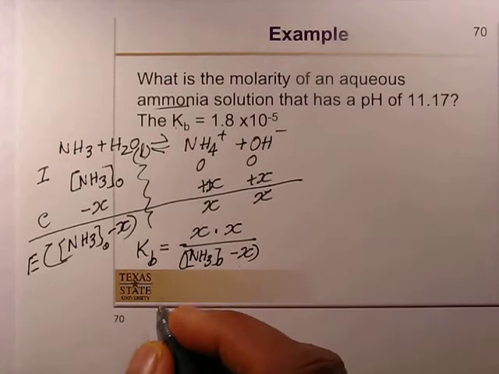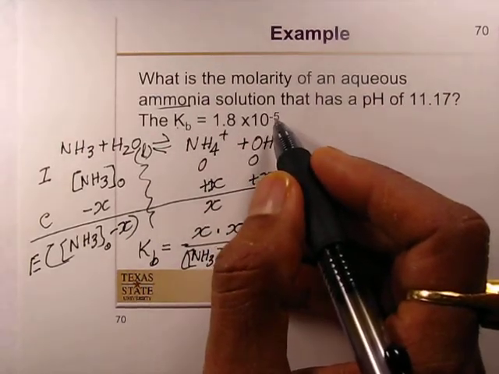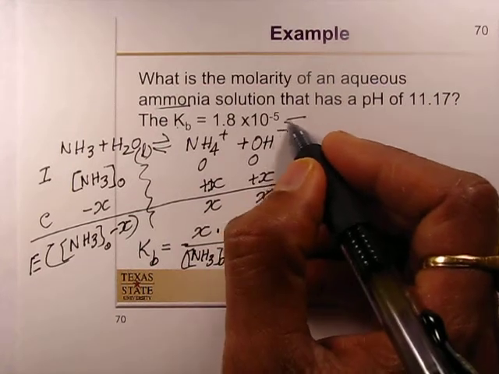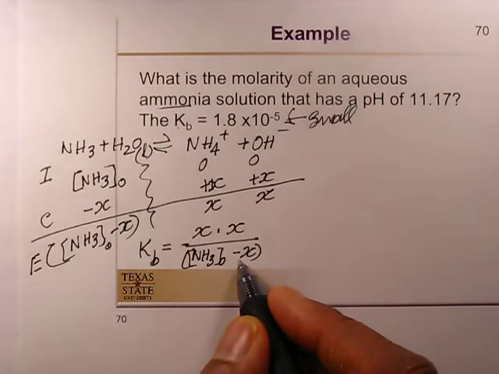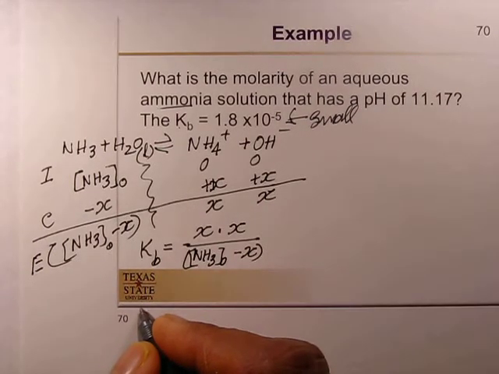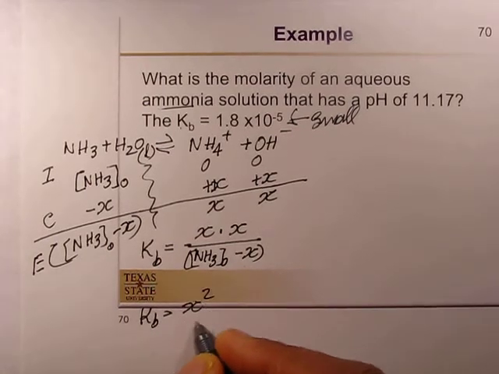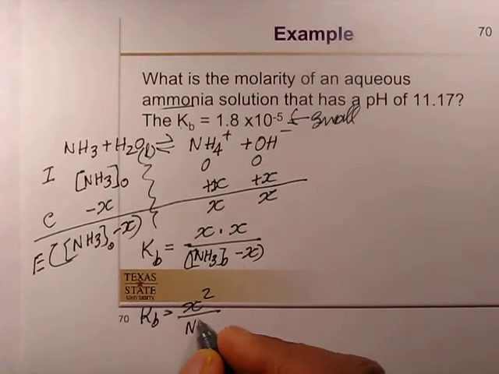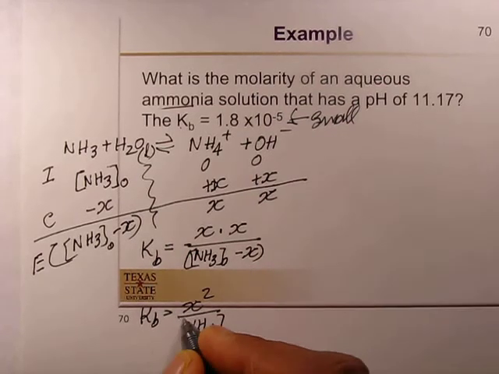One more thing: we know that the Kb value is very small, so we can drop this change and rewrite the expression. Kb will be equal to x square divided by NH3 initial.